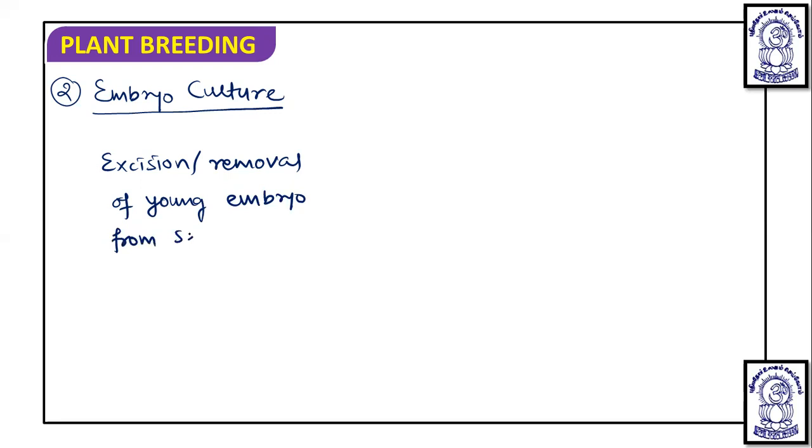In embryo culture, first, to carry out this culture, there is excision or removal of young embryos from seeds, and then their cultivation through tissue culture.